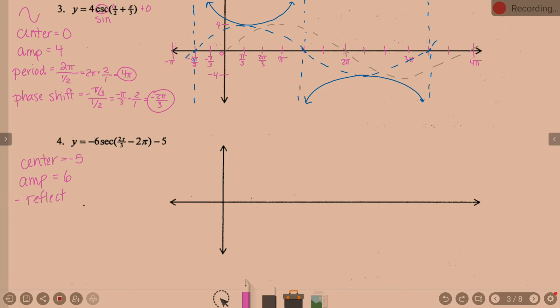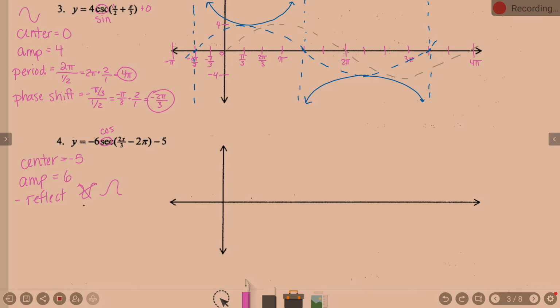Centerline -5. Amplitude 6. Reflected curve. Secant tells me cosine. Cosine would normally be a valley, but because it's reflected, we're going to be doing a mountain. Okay, I think that's all the information I heard rattled off.